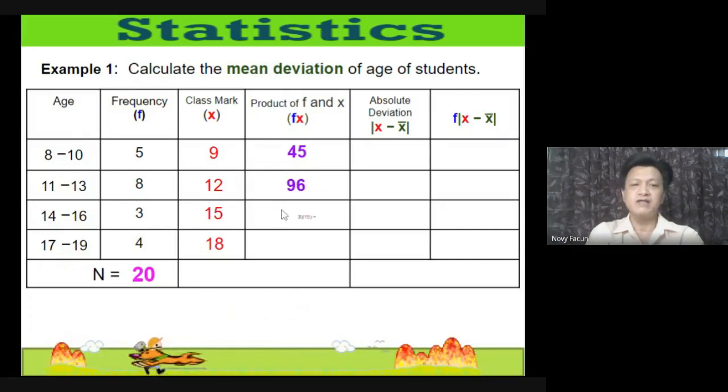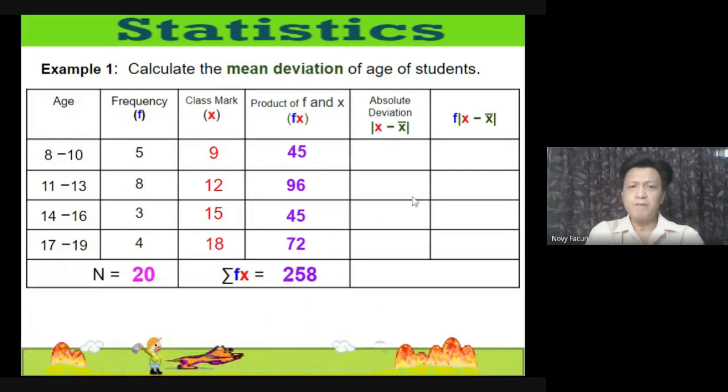And 3 times 15, that is equal to 45. And 4 times 18, that is equal to 72. So kapag na-complete na natin yung product of the frequency and the class mark, kukuhanin natin yung summation or sum. Ibig sabihin, i-add lang natin to. 45 plus 96 plus 45 plus 72, the summation or the total now is 258.